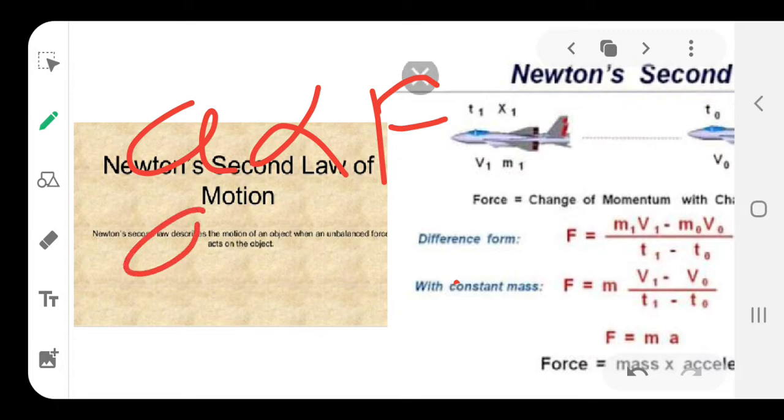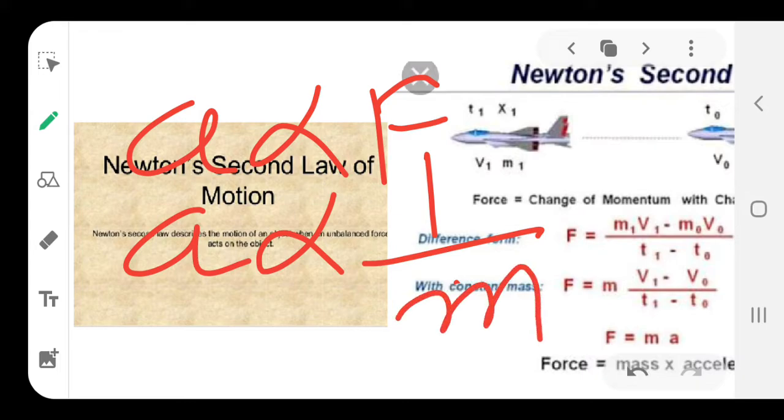Similarly, acceleration produced in the body is inversely proportional to the mass of the body. That means if the body has more mass and the force is the same, acceleration will be less. If the body has less mass, the same force produces more acceleration. So acceleration is directly proportional to force and inversely proportional to the mass of the body.